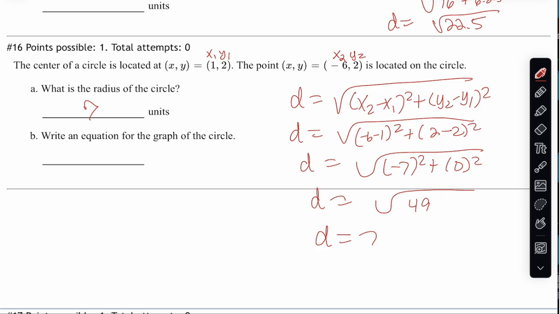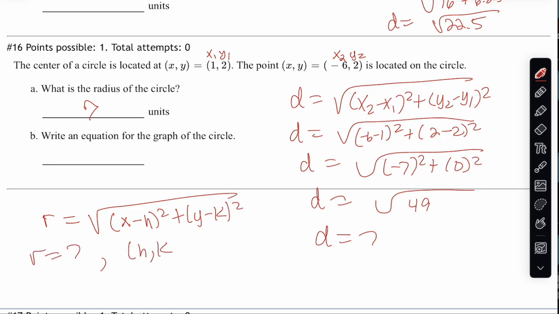Now the other formula that you want for the equation of a circle is that R equals the square root of x minus h squared plus y minus k squared. So our R is 7.